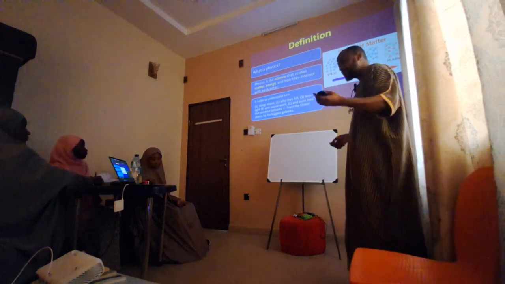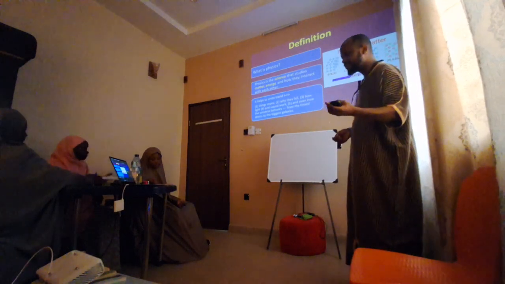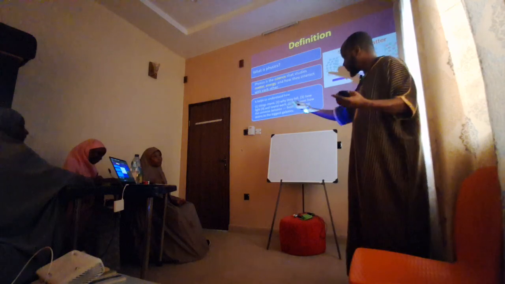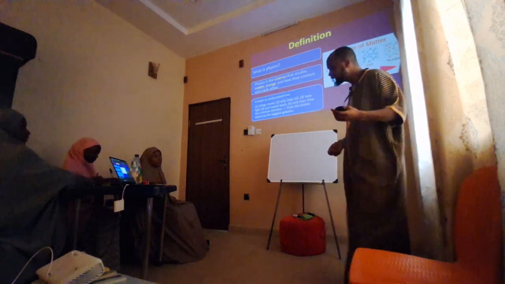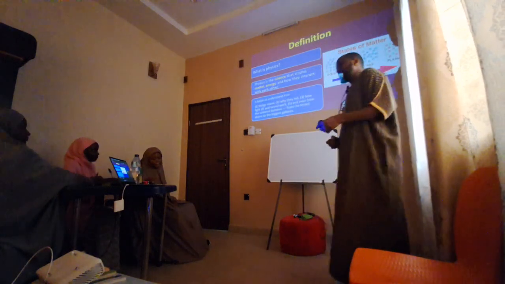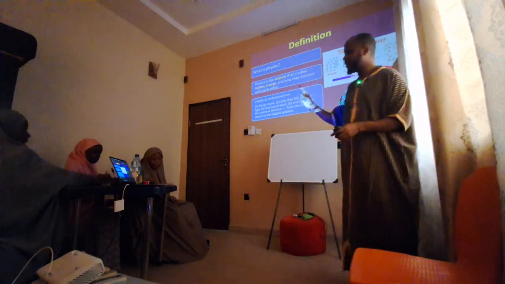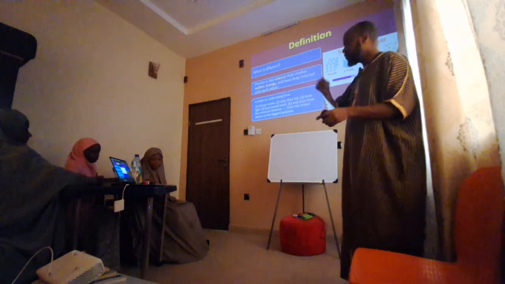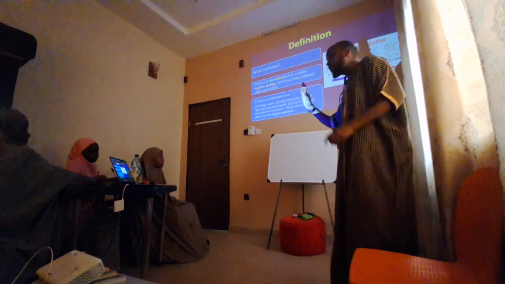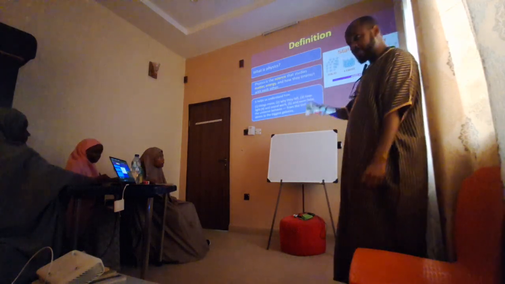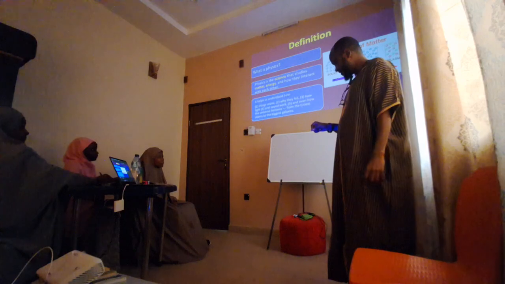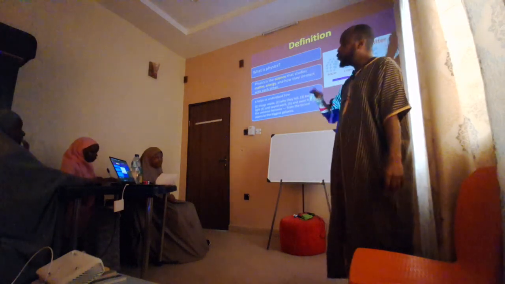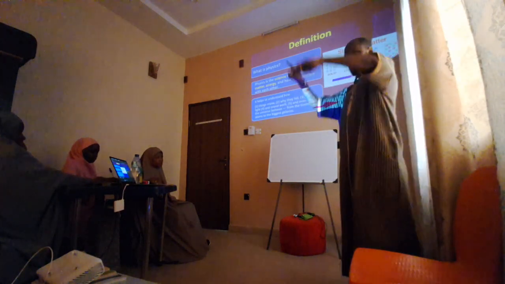Which star do you know? The sun. Excellent. So the sun is one of the stars in the Milky Way galaxy, isn't it? And we have about 400 billion stars in the Milky Way galaxy. You understand? And there are over 2 trillion galaxies in the universe.